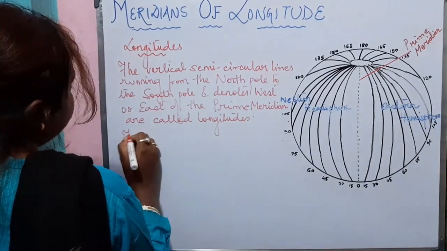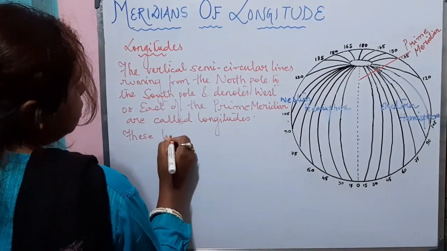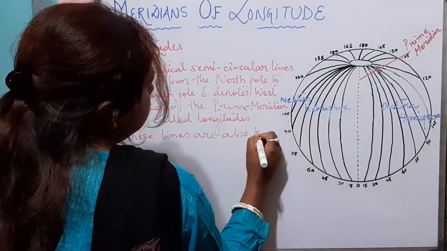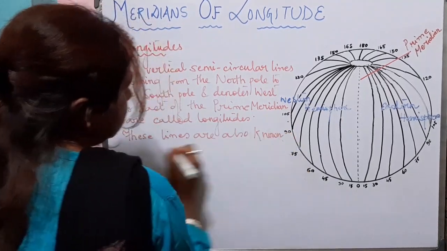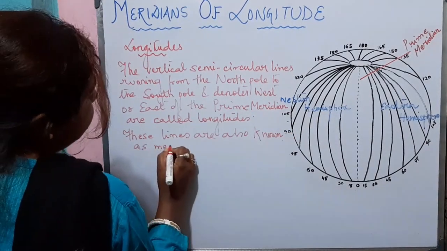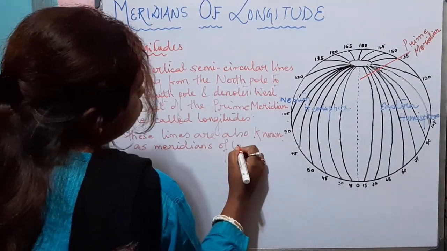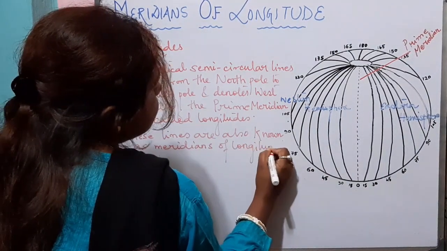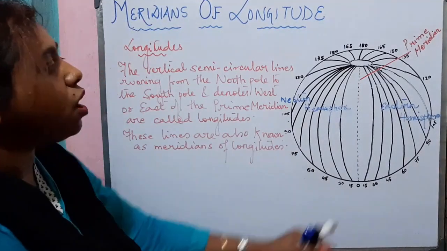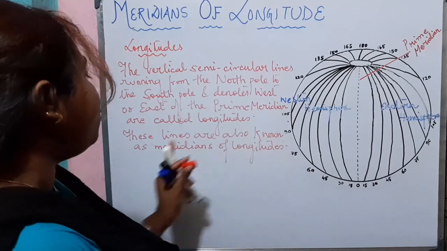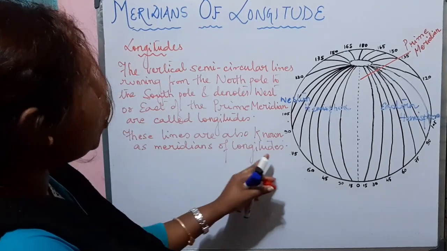Now the longitudes are also known as meridians of longitudes. Why meridians? Because these lines are drawn on the basis of the prime meridian. So that is why these lines are also known as meridians of longitudes.